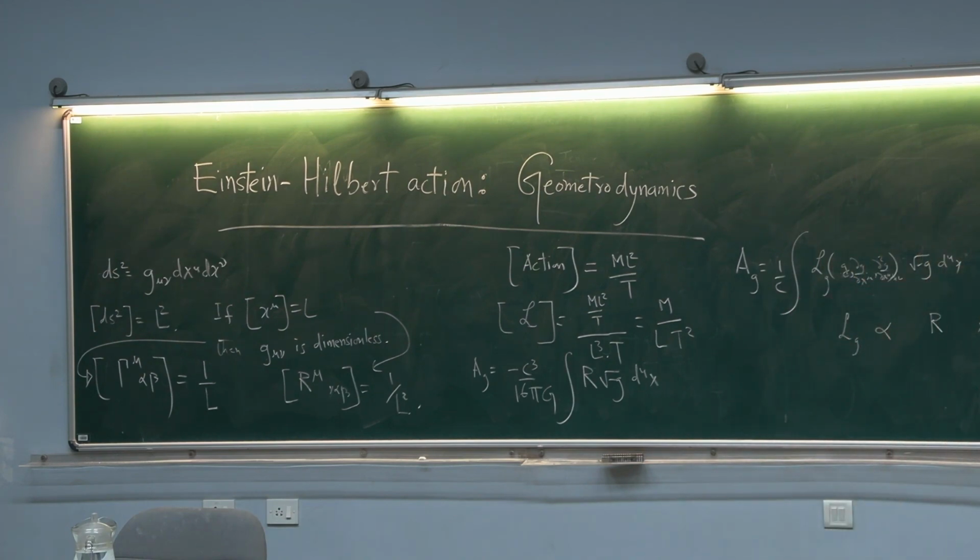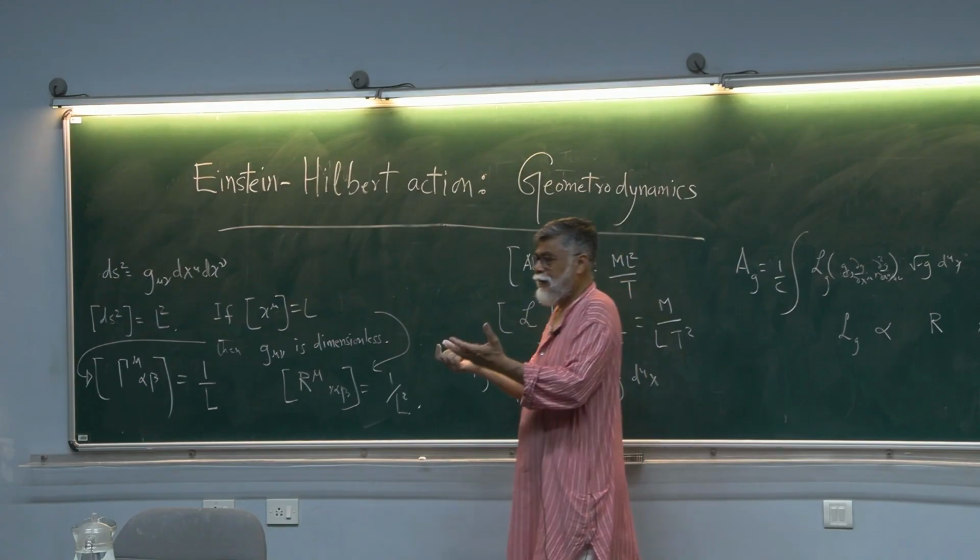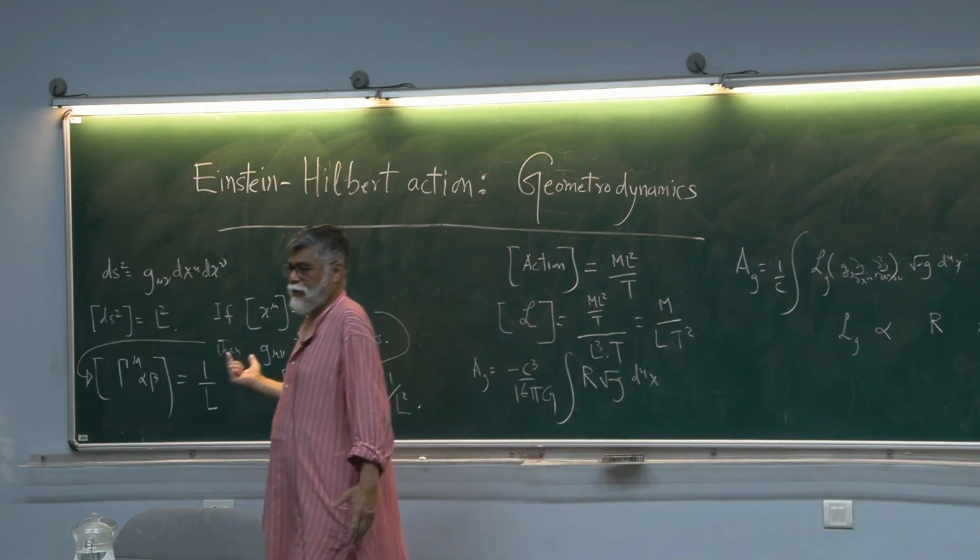Curvature R, you can make very large, infinitely large. So if it is positive, the action blows up, and I don't want that. If I want everything well behaved and bounded, for that I need a negative sign.